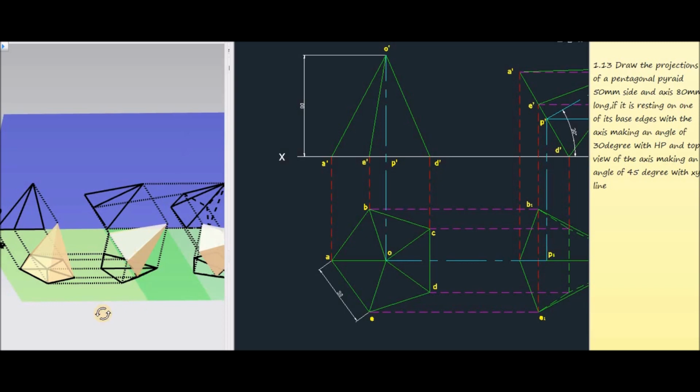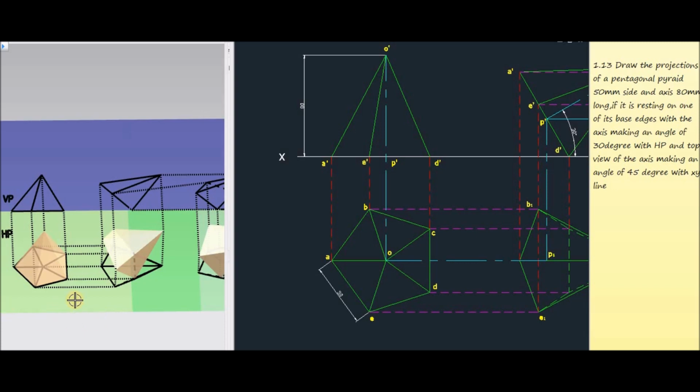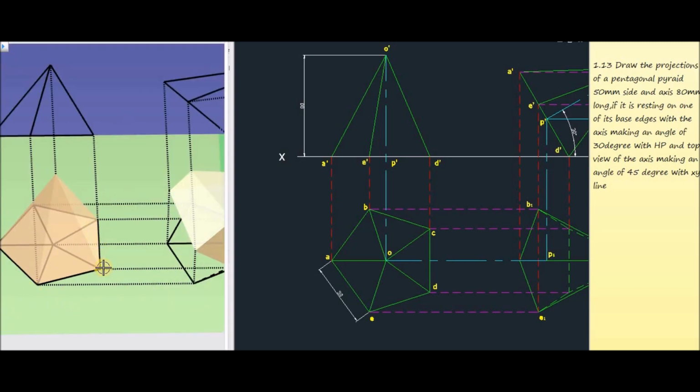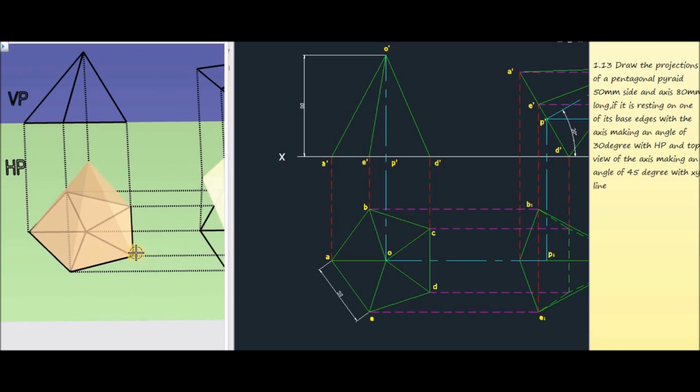So for that, if it is resting on one of its base edges, we have to construct the pentagonal pyramid in this manner. This is the base edge. It should be perpendicular to the vertical plane.